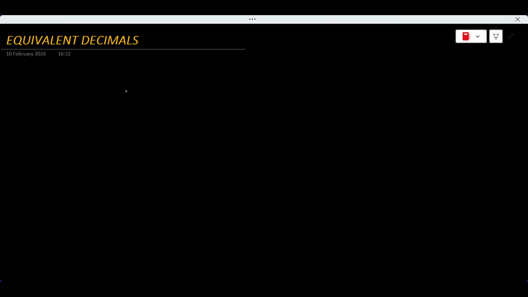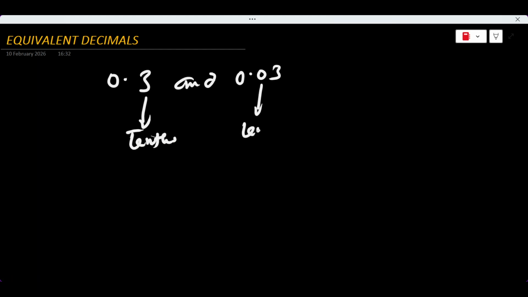Okay. Our next example will be quite different. Let's consider it carefully. We have 0.3 and 0.03. Now, let's look at the place values of the digits. The 3 here is at the what? Tenths place. And then we have 0 here at the tenths place, and then we have 3 here at the hundredths place. Remember that the 3 here is at the tenths place, but when it comes here, it is 0.